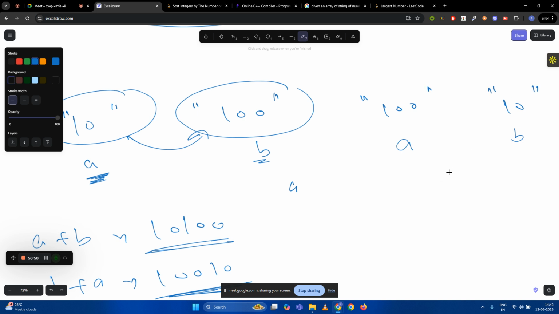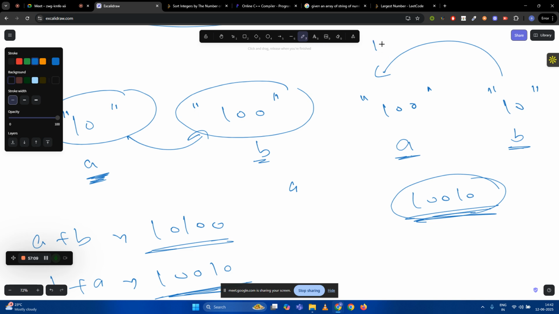Now if we append, we are going to have this number. Suppose A was written first and B second. If we append, we are going to have this number which is smaller. But if we swap it, if my 10 is here and 100 is here, then appending will create a bigger number.